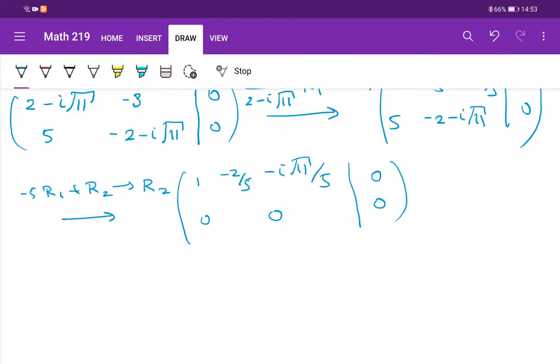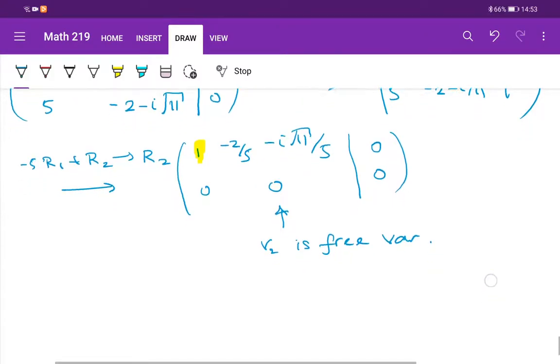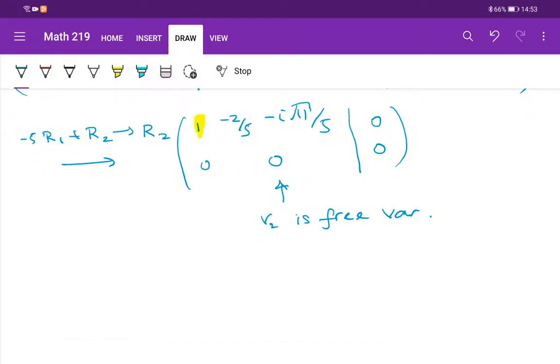Okay, and from that you have a free variable. So we have a leading one here, and you have a free variable here. So this is the free variable. So you get v2 is a free variable, and you can see that v1 is equal to 2 over 5 plus i root 11 over 5 times v2.